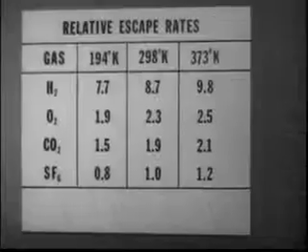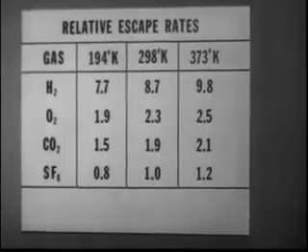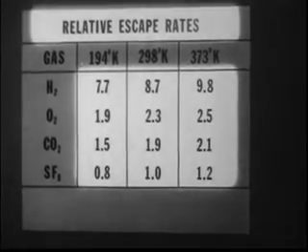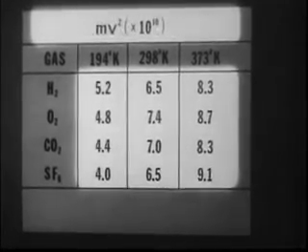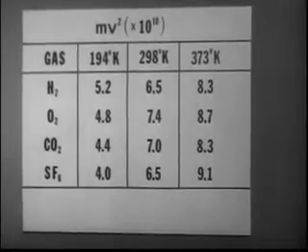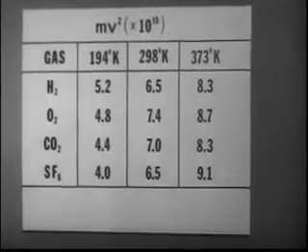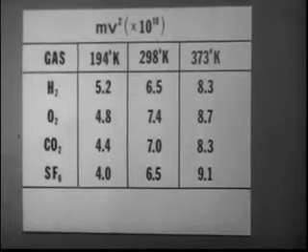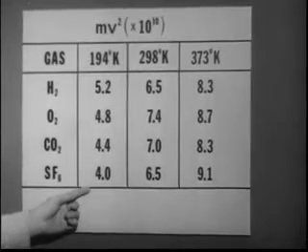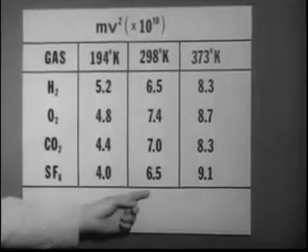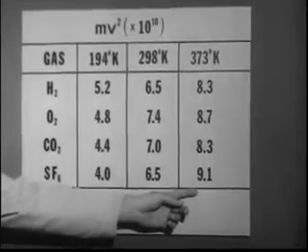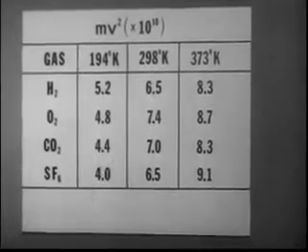Using this fact and our experimental data, we can calculate actual values for mv squared for each gas. Notice that at each temperature, the values are constant within experimental error. The average value here is 4.6, here 6.8, and here 8.6, all times 10 to the 10th.